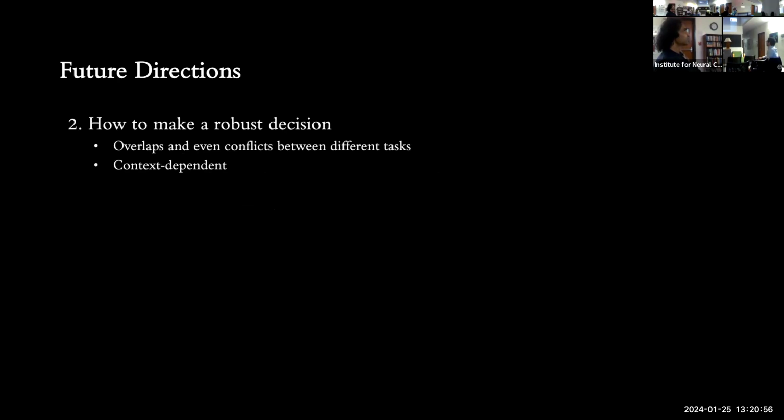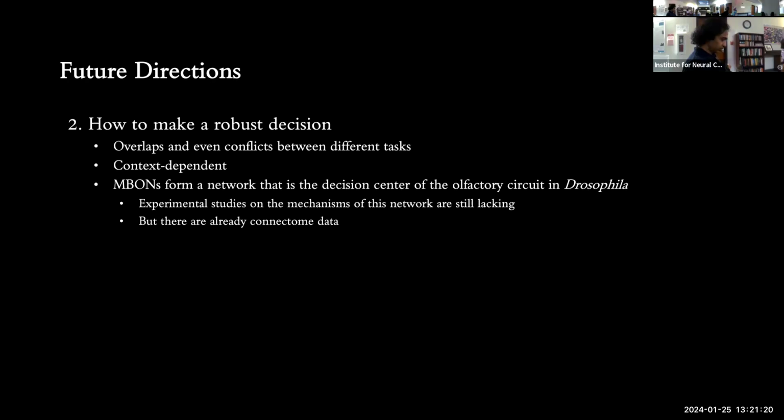Another direction is how to make robust decisions, because if you are continually learning a lot of tasks, there must be some conflicts between the different tasks. So you need to make decisions in a context-dependent manner. And how is that possible? In the slide, there is a network formed by enzymes that might be the decision center of olfaction in the Drosophila.